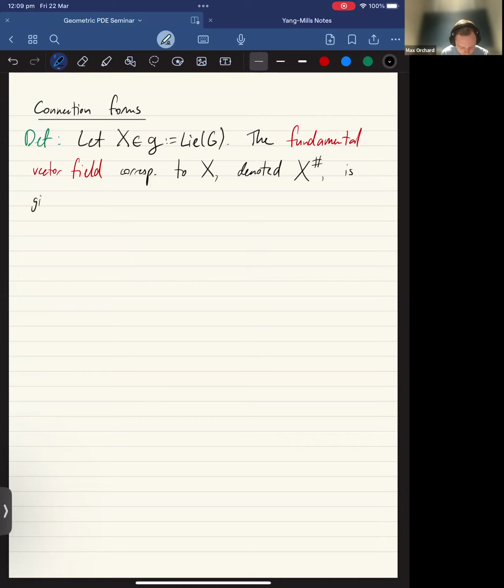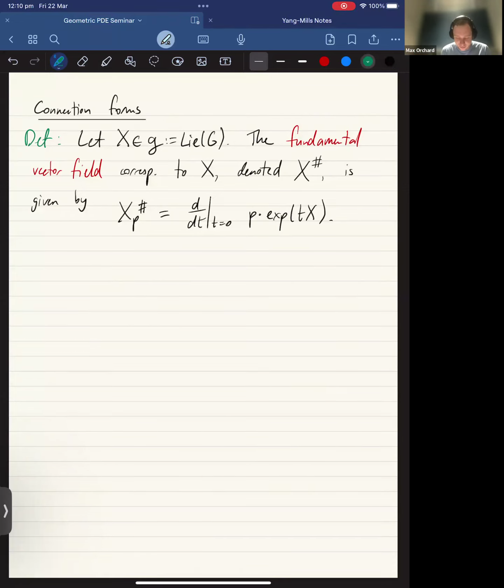And this is given at each point by this guy here. Now we can sort of consider this fundamental vector field to be the infinitesimal generator of the action of our structure group on P, in the sense that if we look at this exponential map and we're taking the derivative at time 0, we're essentially getting the infinitesimal version of the action of G here.